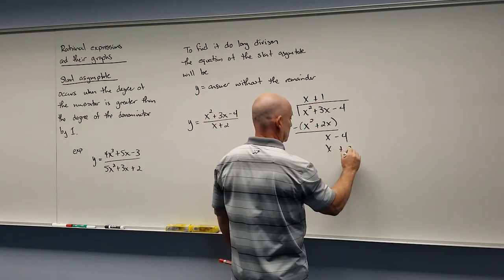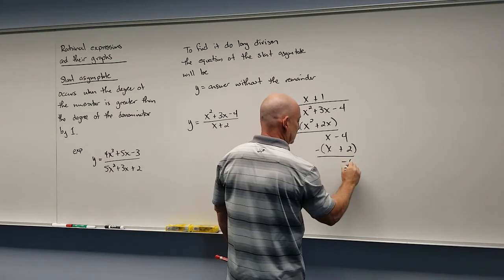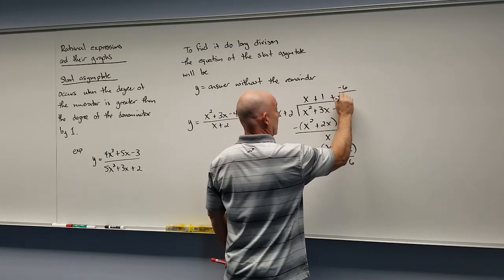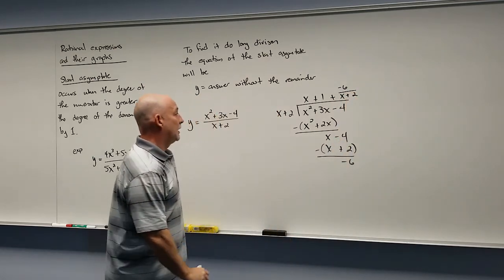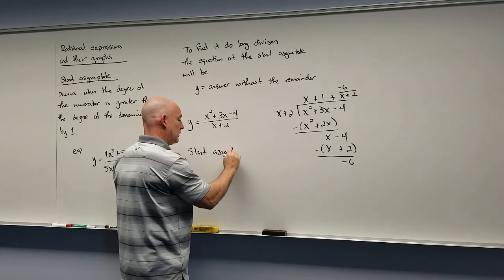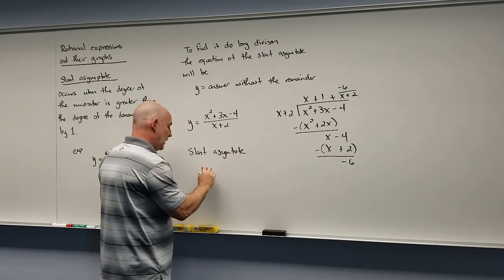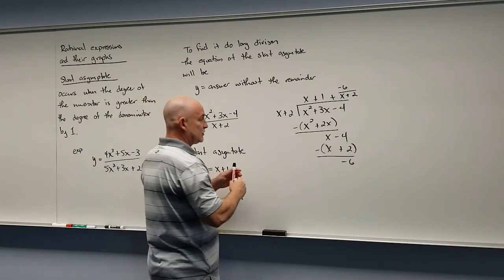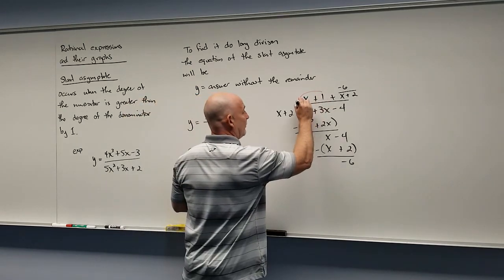Distribute, subtract, that gives me negative 6. So there's my remainder, negative 6 over x plus 2. Okay, so the slant asymptote will be the line y equals x plus 1, right? It's this piece right here without the remainder.